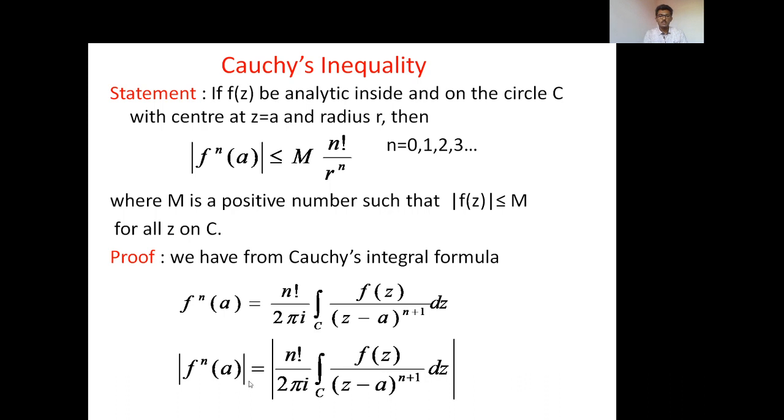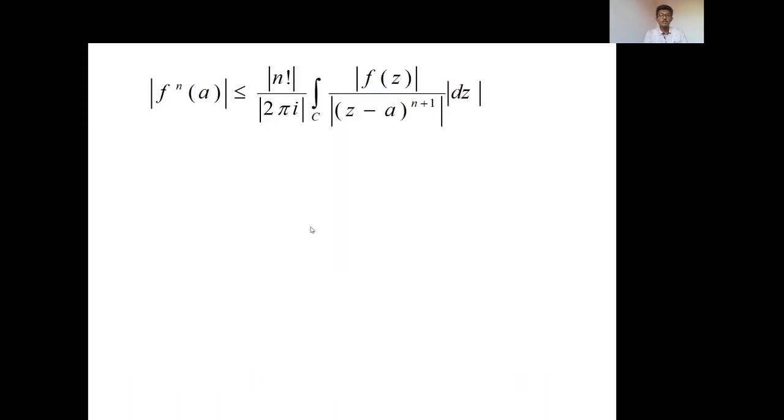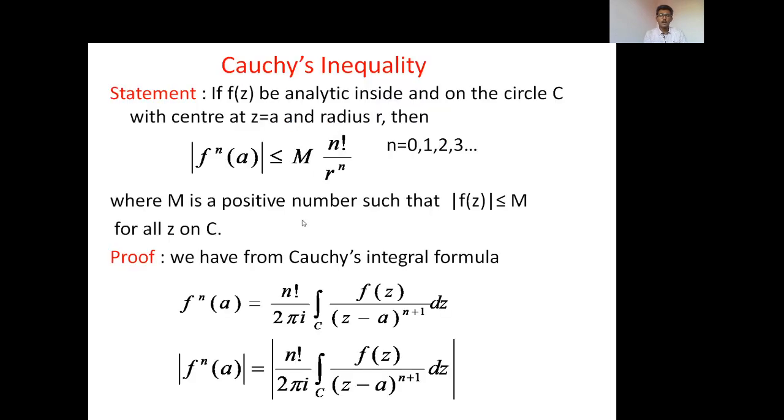Therefore, this becomes less than or equal to n factorial. The modulus of a into b is nothing but the modulus of a into the modulus of b. Therefore, apply modulus to this, and this modulus is less than or equal to the integration of the modulus of f of z.